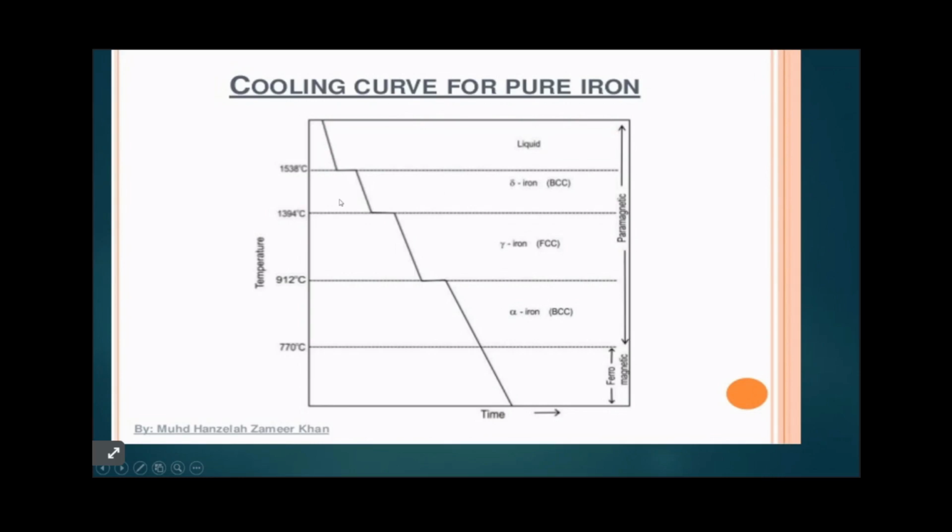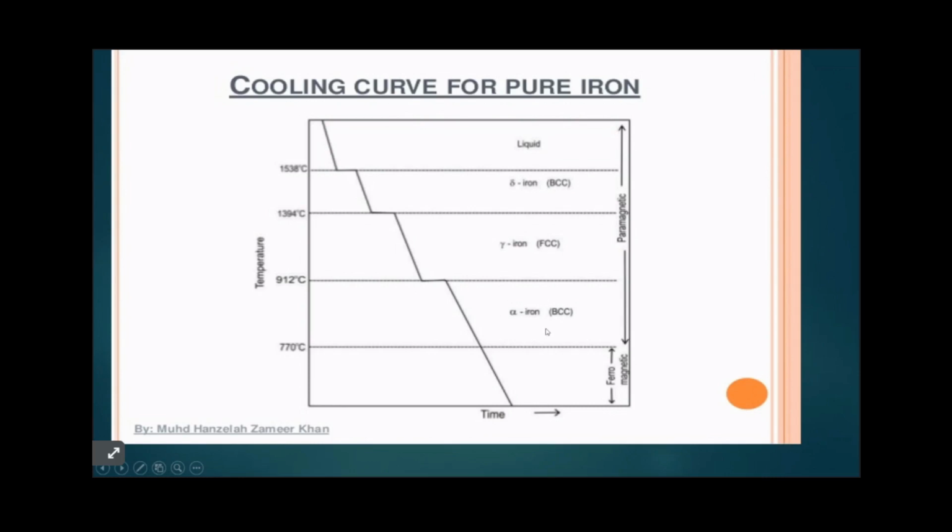When the temperature reaches 1394 degrees Celsius, the delta iron will be converted into gamma iron. Gamma iron is a face-centered cubic crystal structure. After that, when the temperature reaches 912 degrees Celsius, the gamma iron will be converted into alpha iron.